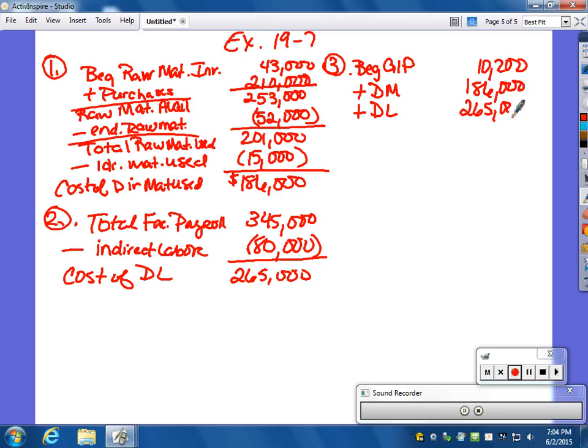Now we can do overhead applied, which is how much? You don't have that, you need to calculate it. What's the predetermined overhead rate? It's 70% of direct labor.